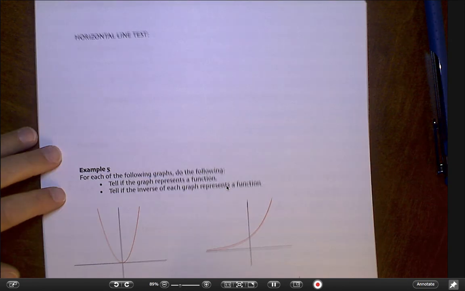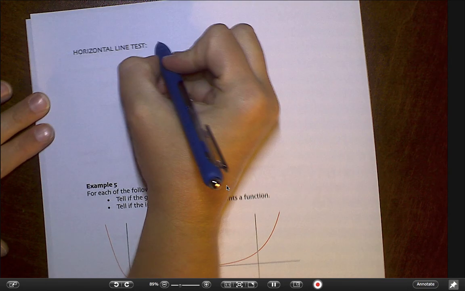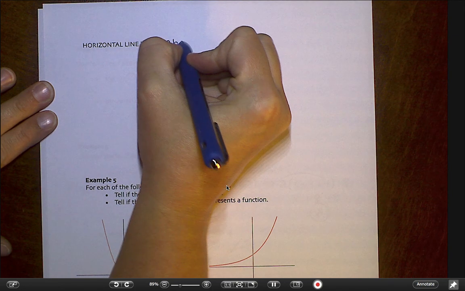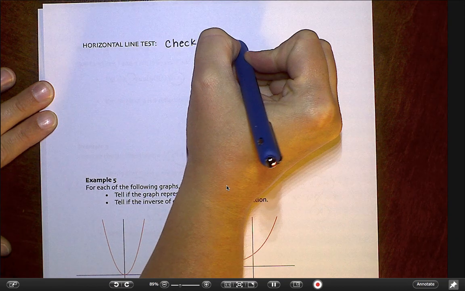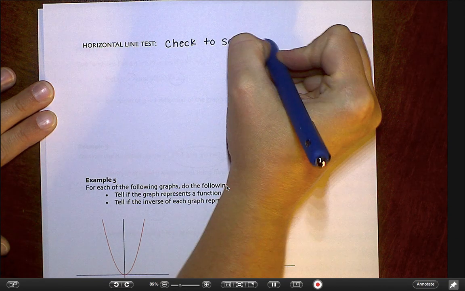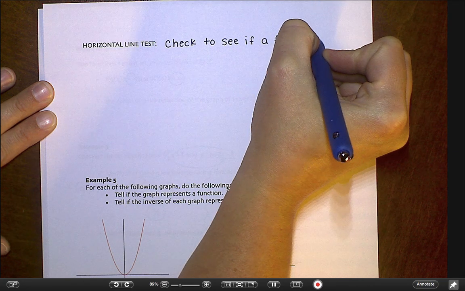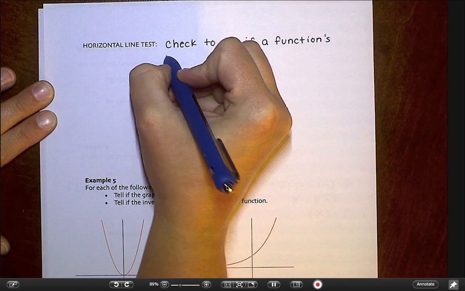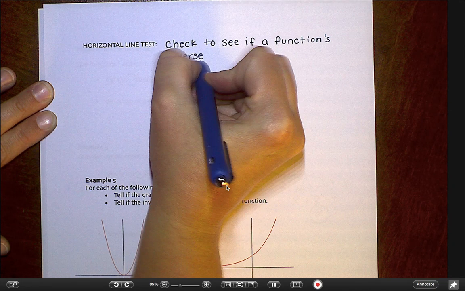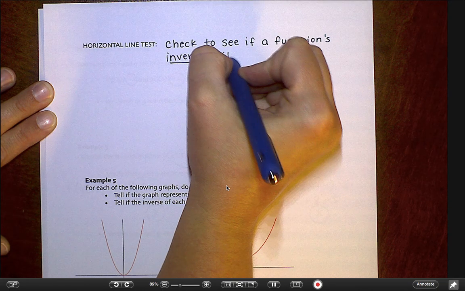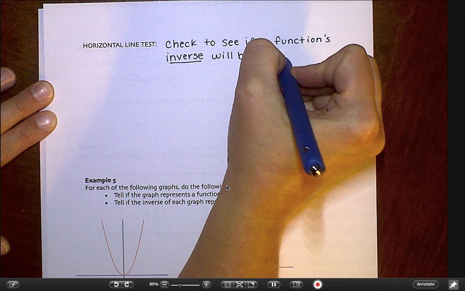But what the horizontal line test is meant to tell you is to check to see if a function's inverse will be a function. And I'll show you what I mean by that in just a minute.